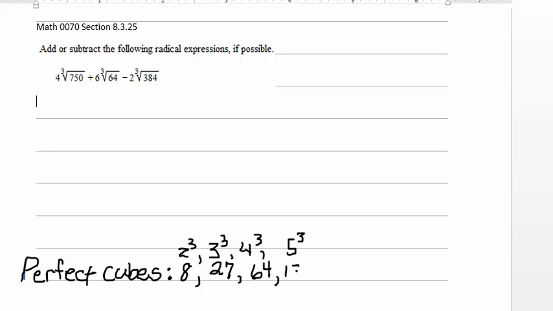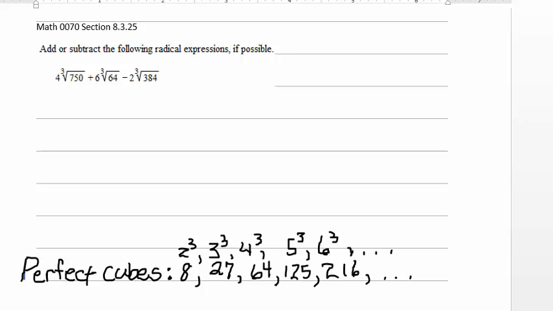That result is 125. We cube 6 and we get 216, and so forth and so on. And we could extend the list as far as we need to.